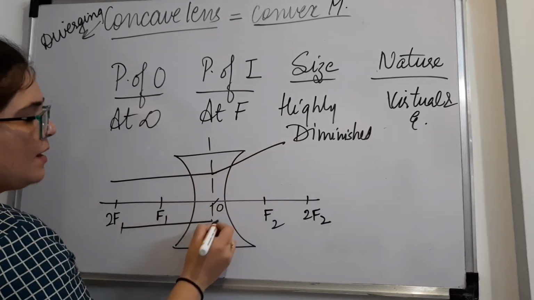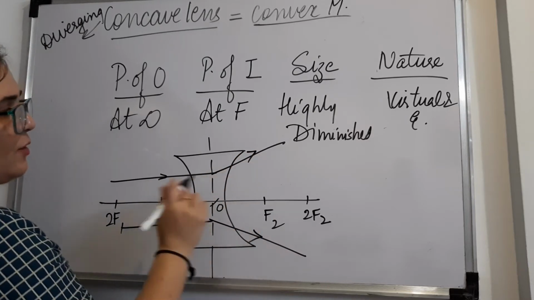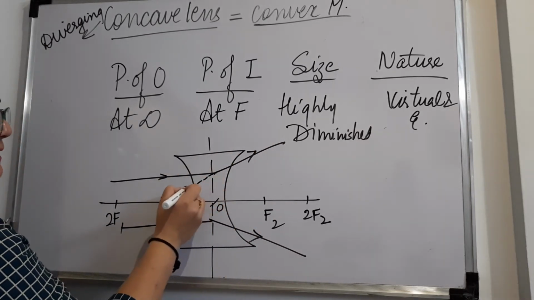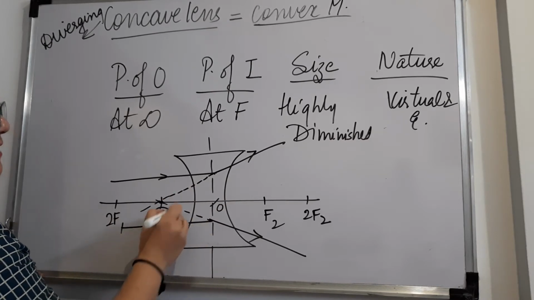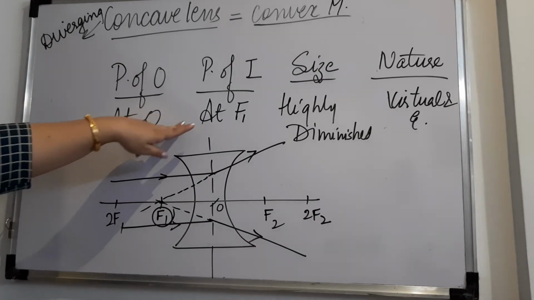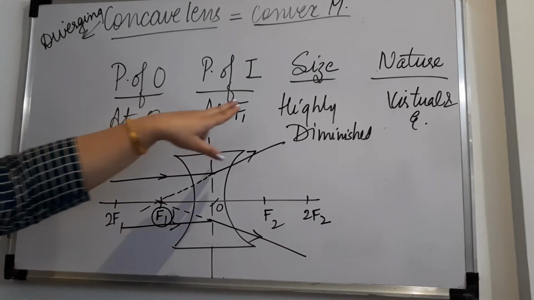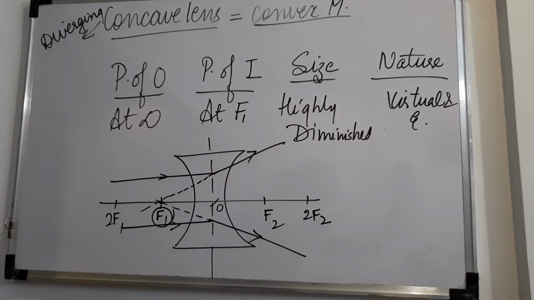So rays will go away from each other like this. It is diverging. So because it is diverging, I have to extend it in the backward direction. So somewhere here the rays are meeting. So it is f1. I also can mention it over here, f1. So if the object is at infinity, the image is formed at focus f1. It means on the same side of the lens, it is highly diminished, virtual and erect. Fine.